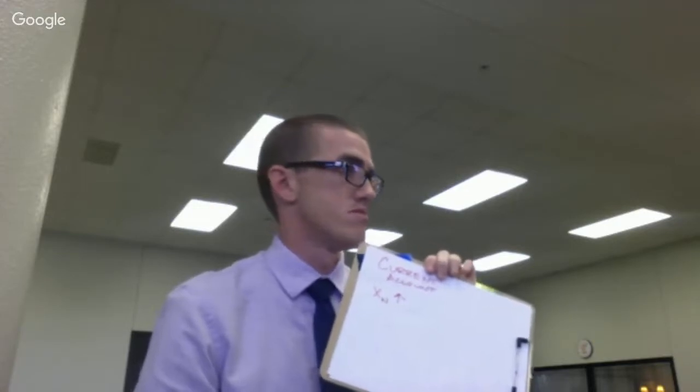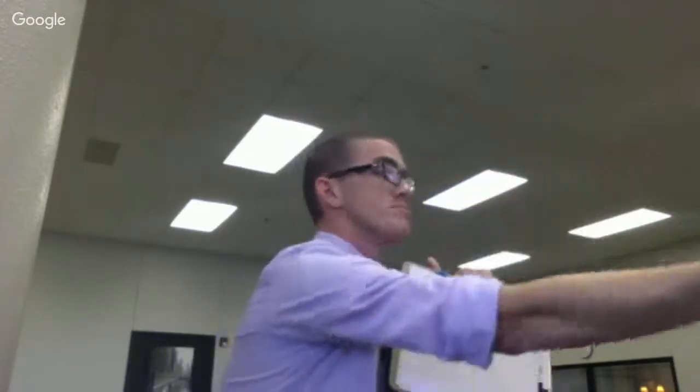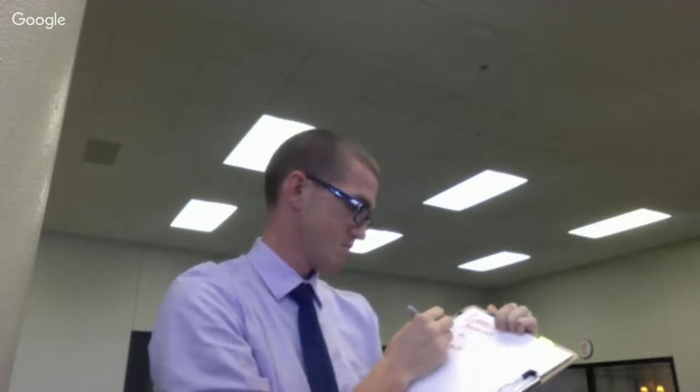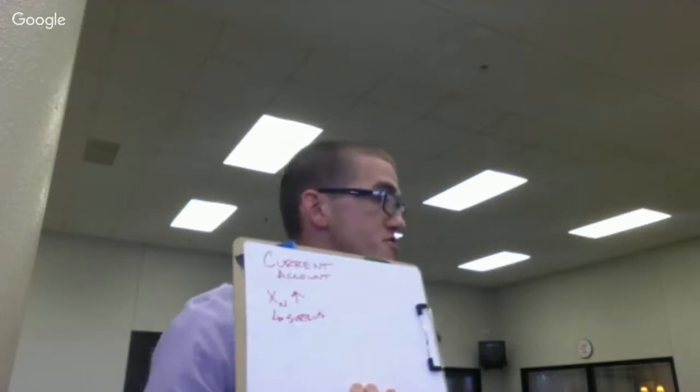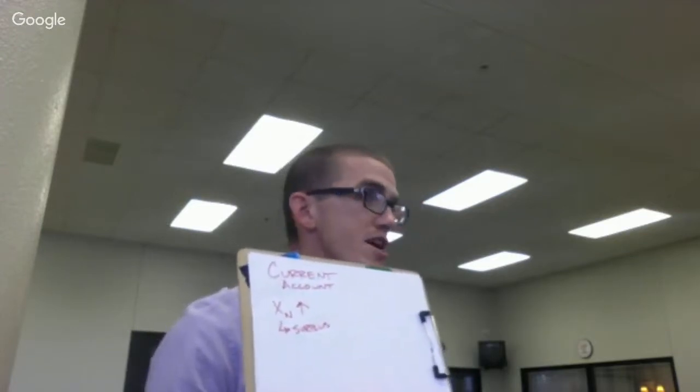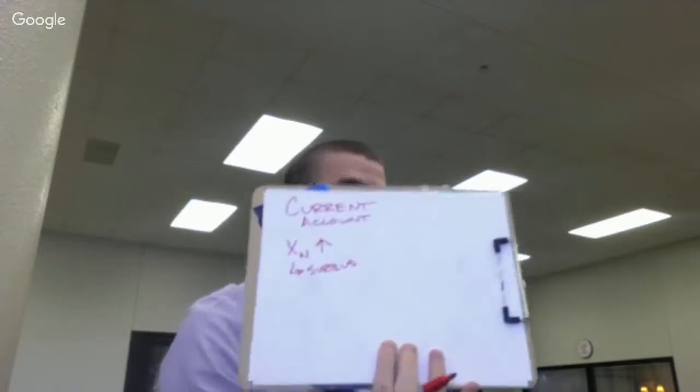Follow the money. We have exports, goods going out, money's coming in. So we have a credit, or you can say surplus. So an increase in net exports increases your current account. You have a surplus.